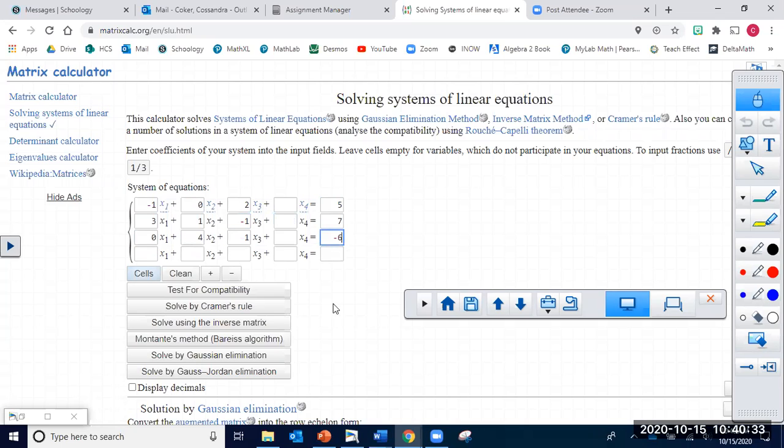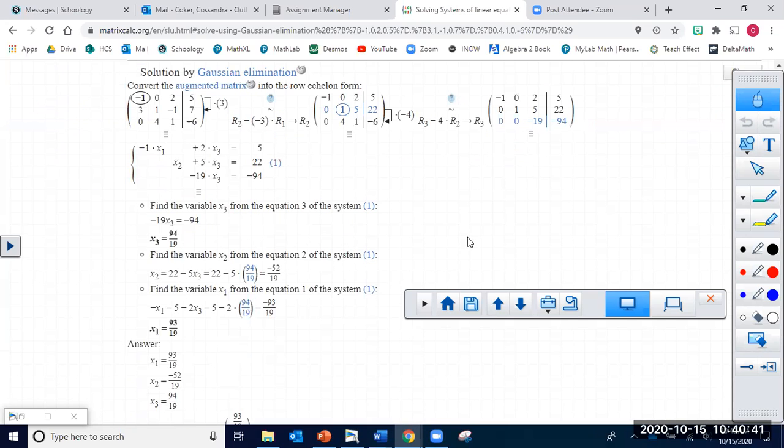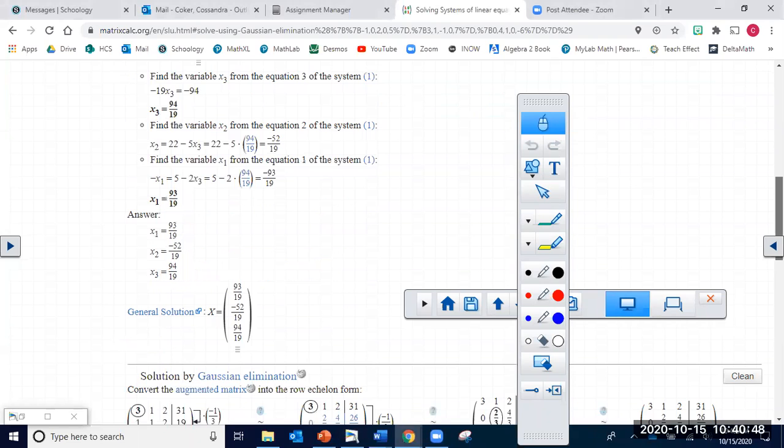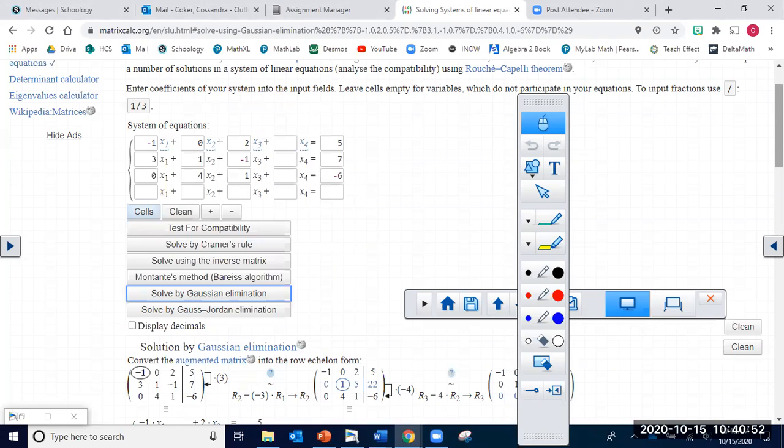And then all you have to do is notice you've got a solve by Gaussian elimination. Just hit Gaussian elimination and then scroll down. They're getting something different. I mean, I'll talk to the internet. Let me make sure. 3, 1, -7.